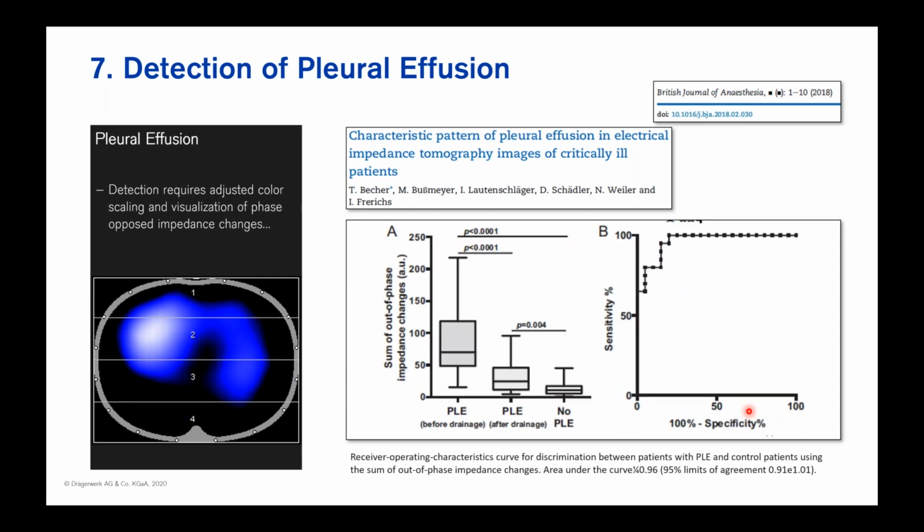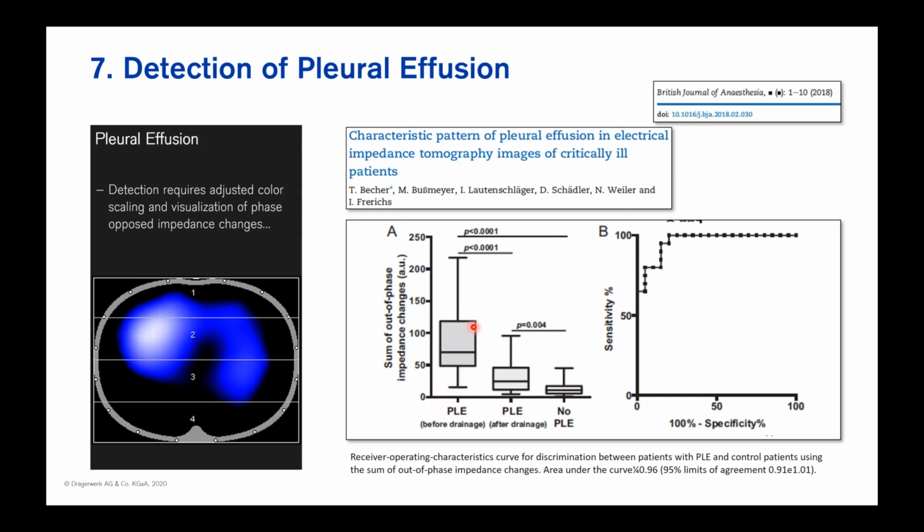But first, in order to confirm that this information also results in a characteristic pattern in patients with pleural effusion, I would like to mention the study where this has initially been described. This was a study where patients with a confirmed pleural effusion, confirmed with ultrasound, were measured with EIT before and after drainage.